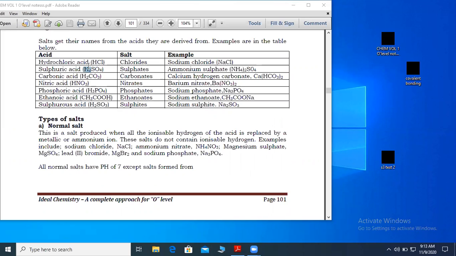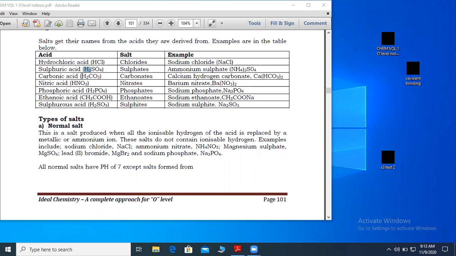For example, in sulfuric acid, if one hydrogen is replaced by sodium, we shall form sodium hydrogen sulfate, and that will be an acid salt.